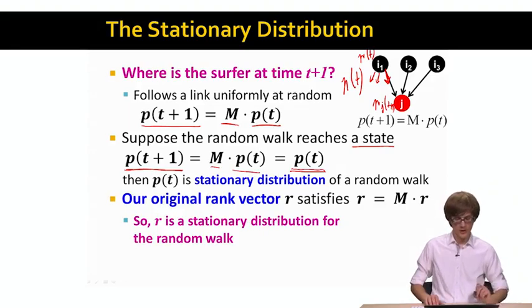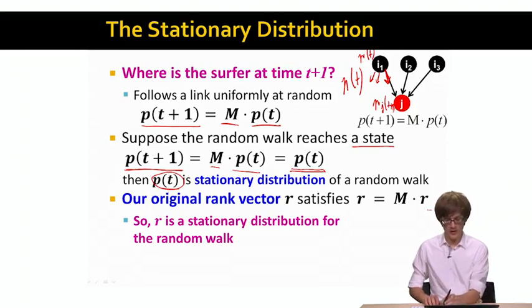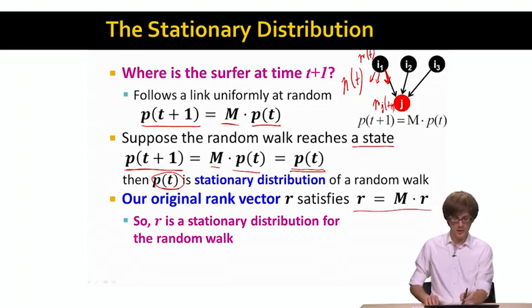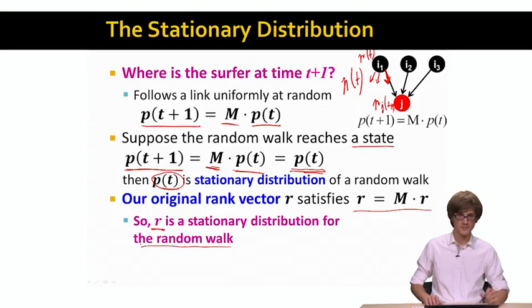So what we observe now is that this stationary probability distribution p of t is exactly our original PageRank formulation of a random walk. Before we had r equals M times r, now we have p of t equals M times p of t, right? So this means that our rank vector r is a stationary distribution for this random walk process.